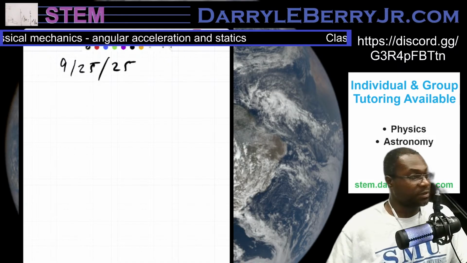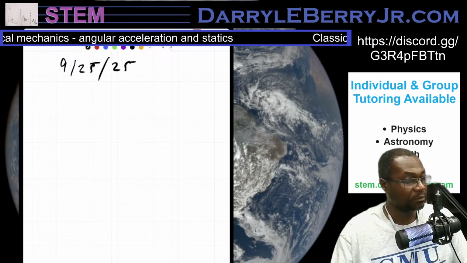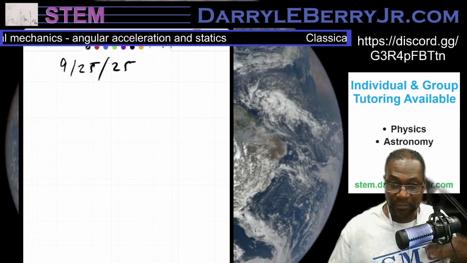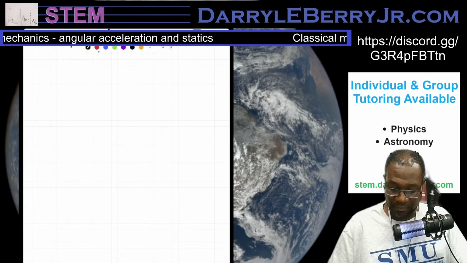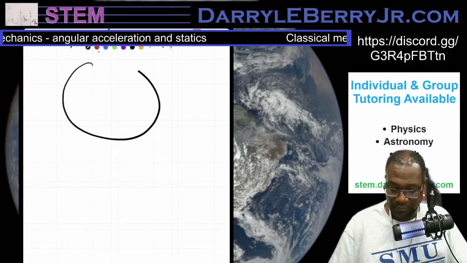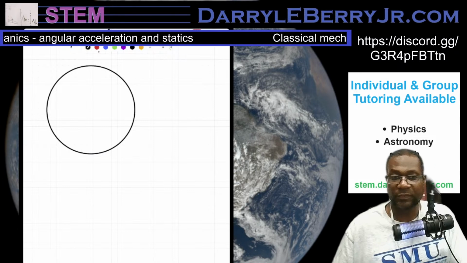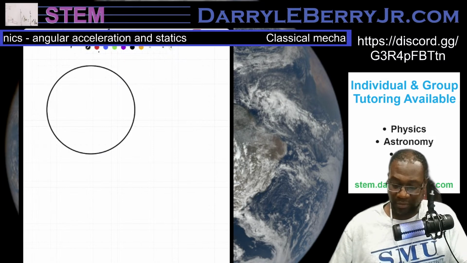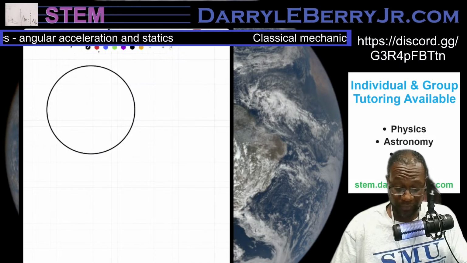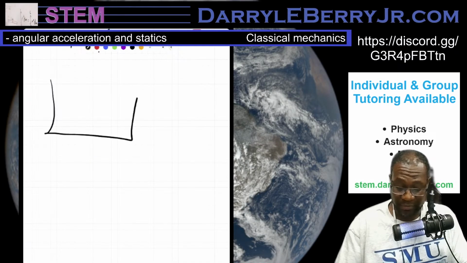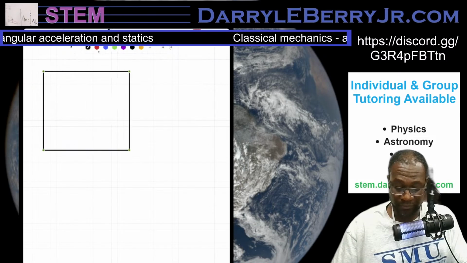Awesome. So the idea is that we have an object that's rotating. It could be any object, a CD or a merry-go-round, or they call it different things, but it could even be square. It doesn't even have to be a circle, even though it's more descriptive for it to be circular.